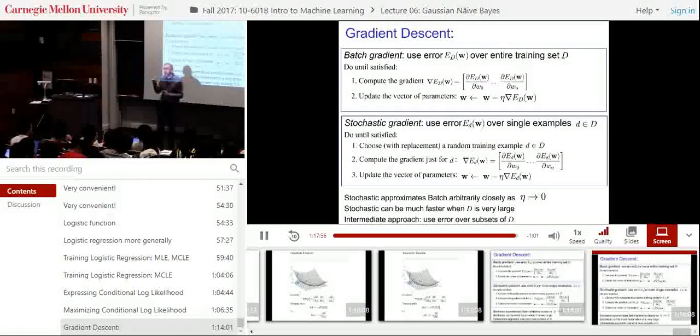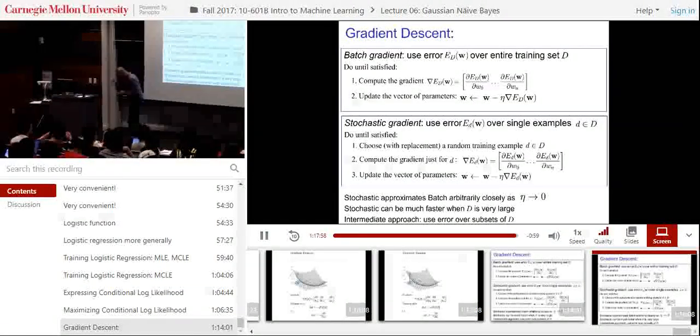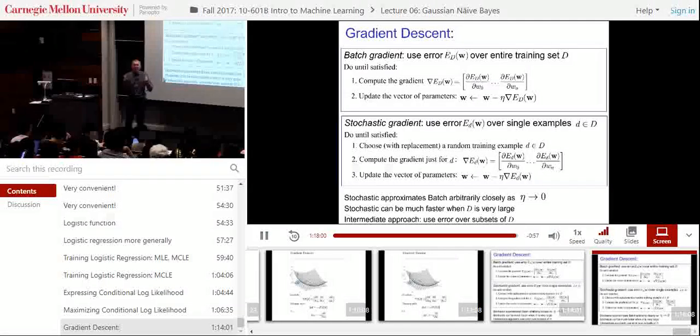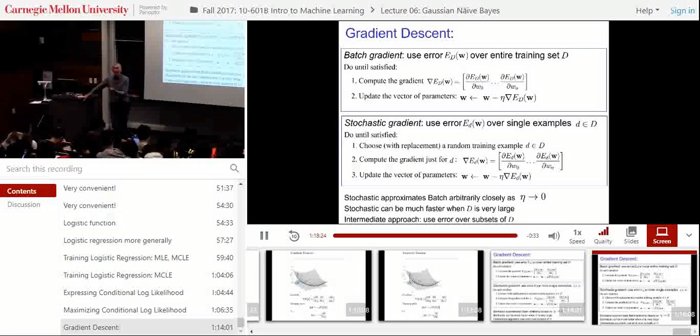Remember, we started with this specific question: if we are using Gaussian naive Bayes, what does it imply about the form of p of y given x? And it implies that functional form that we came up with. And so logistic regression can be derived from the same assumptions of that variant of Gaussian naive Bayes, but it gives us a way to just express p of y given x directly.